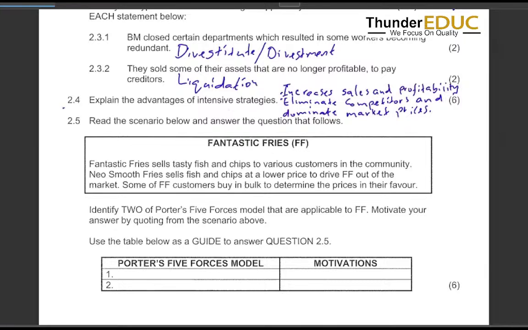And then we also saying that regular sales to existing customers may increase.